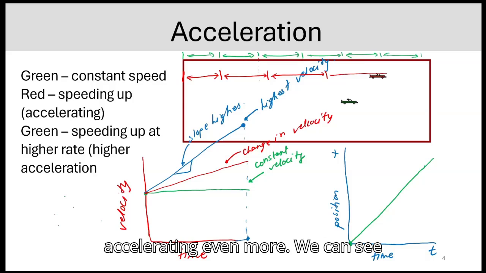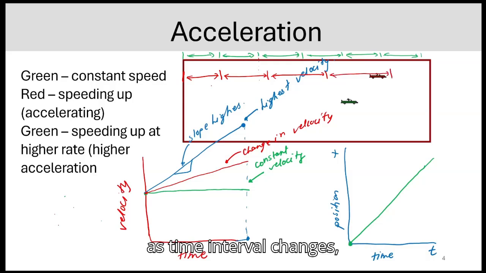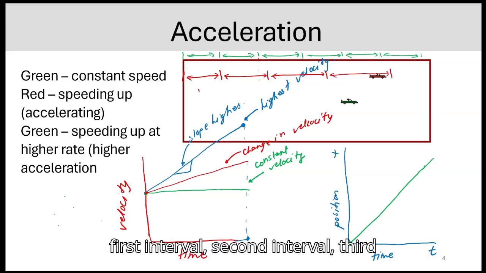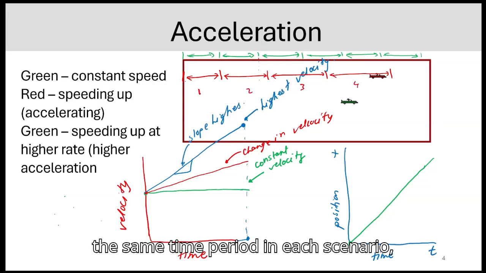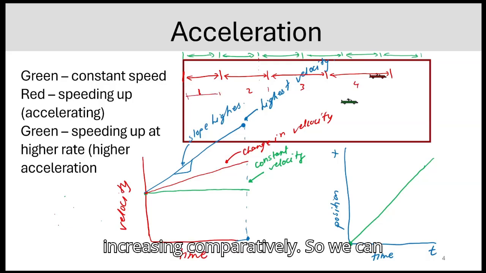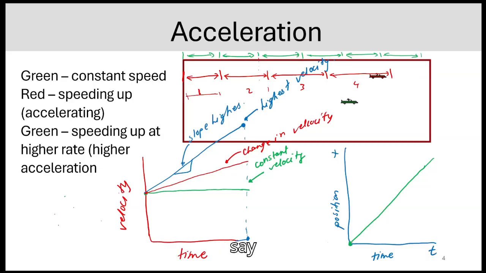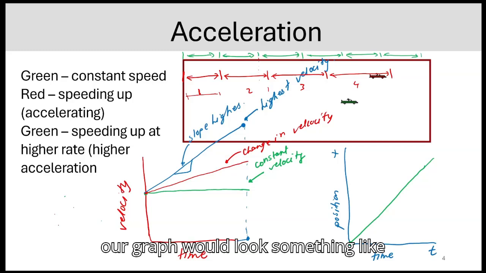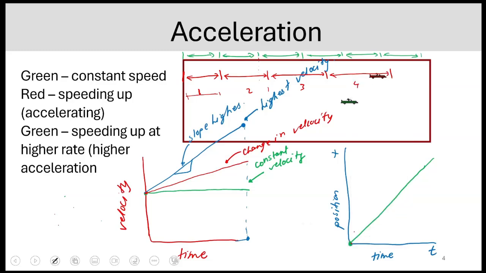We can see as the time interval changes, first interval, second interval, third interval, fourth interval, for the same time period in each scenario the distance covered is increasing. So we can say our graph would look something like this.